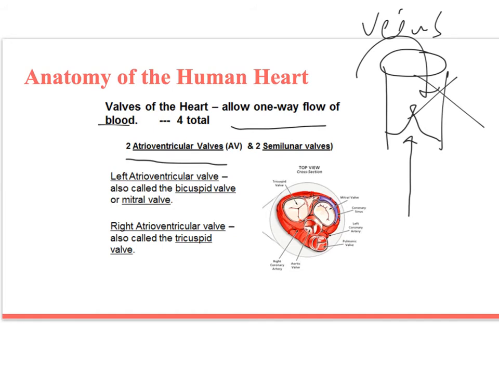That's one thing that I really want you guys to try and find when we start opening up the heart a little bit, is see if you can see the tricuspid versus the bicuspid. Now again, notice that this right AV valve is a little bit bigger than the left AV valve. So note that, especially when we're looking at what that valve is responsible for doing.